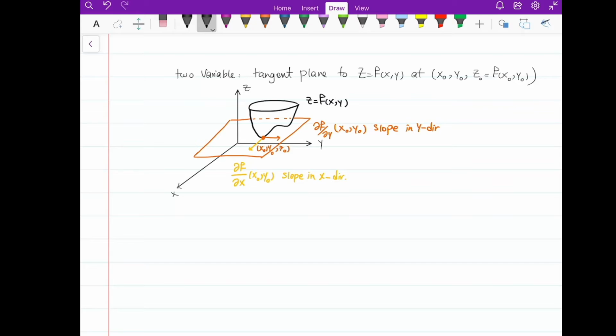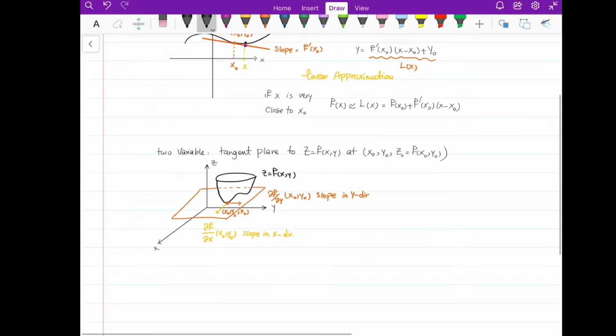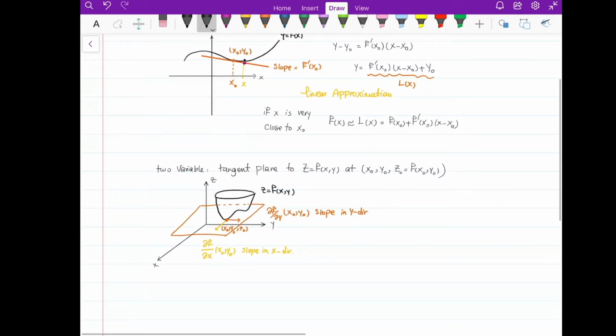Now if we want to repeat a similar situation, then I can say that the total displacement of z, which is z minus z naught, is equal to the partial derivative of f with respect to x at the point x naught and y naught times x minus x naught, plus the slope in the y direction times y minus y naught.